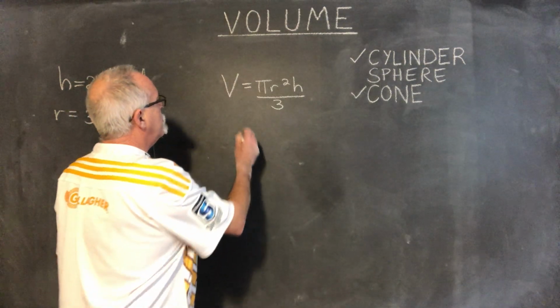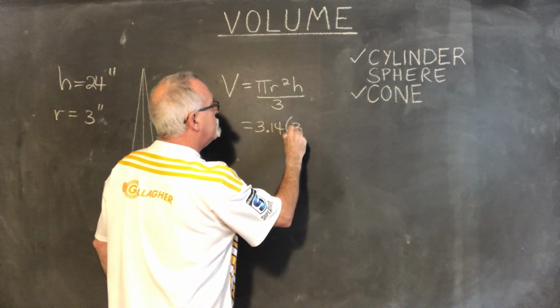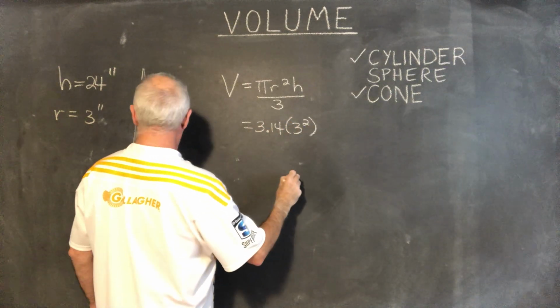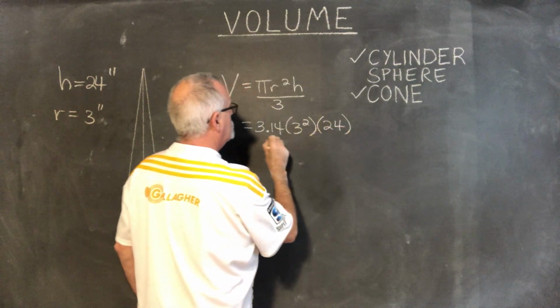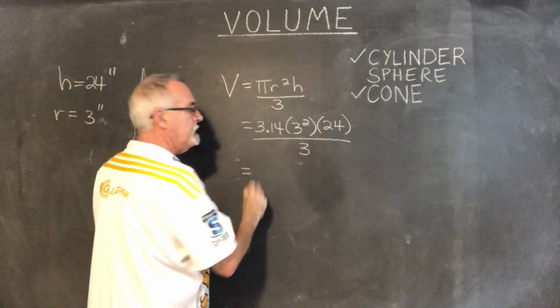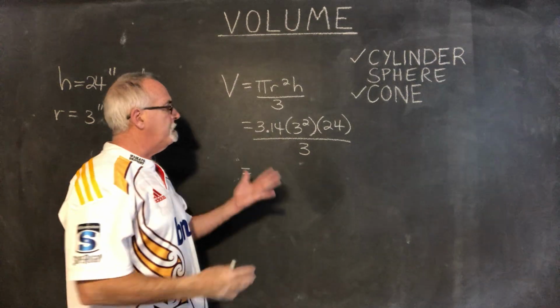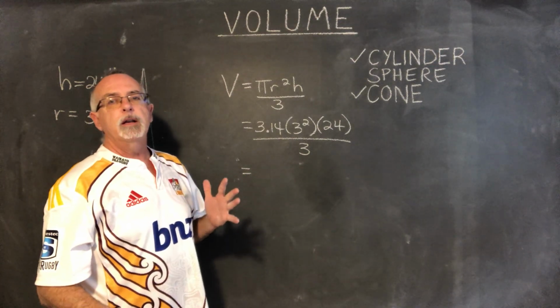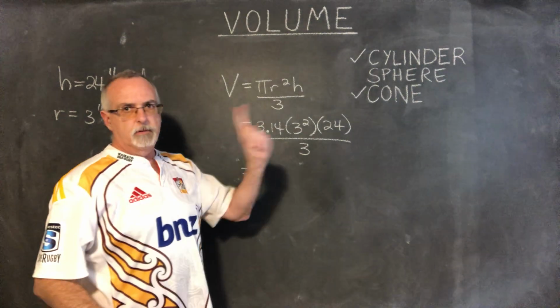Okay, pi r squared h over 3 is 3.14 times 3 squared in this case, times height 24, over 3. I want to respect my order, and of course, how you simplify once you've substituted all the variables with values, how you simplify is partially up to you because algebra is flexible. But, of course, order of operations.